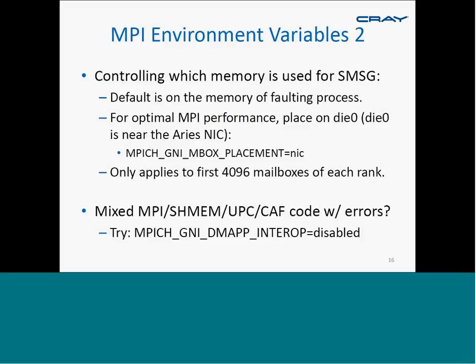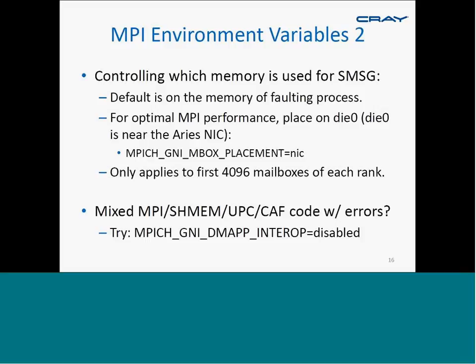So there's this MPICH GNI mailbox placement, which when you set to NIC, will cause the first 4096 mailboxes to be placed on die. So this should place a lot of these small messages a lot closer to the actual Aries network card, and so significant performance. In testing, it was found that this doesn't improve performance consistently enough to make it a default, but I think it is always worth the time.